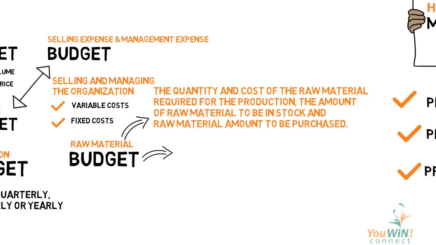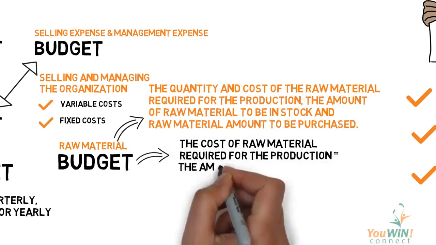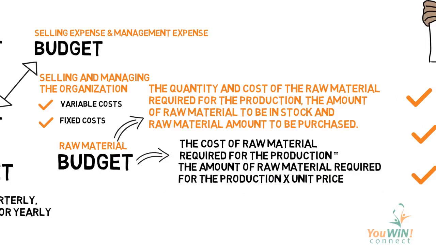The amount of raw material required for production is calculated based on the amount of products that need to be manufactured as indicated in the production budget and the amount of raw material per product. The cost of raw material required for production equals the amount of raw material required for the production multiplied by the unit price of raw material required.